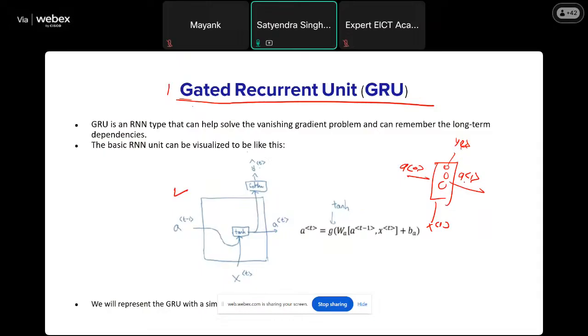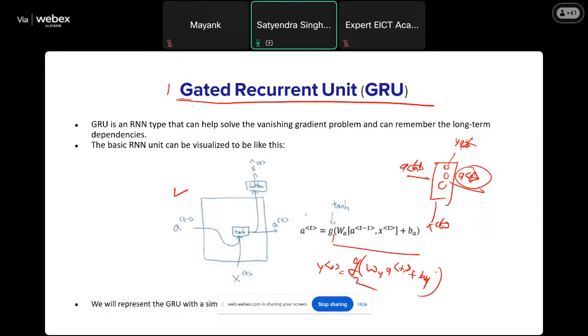In general, this is a_t and this is a_{t-1}, or this is x_t and this is y_t. The equation we have seen here, where g could be tanh or ReLU, and y_t is nothing but W_y into a_t plus bias, passing to activation function g2, which could be sigmoid or tanh.